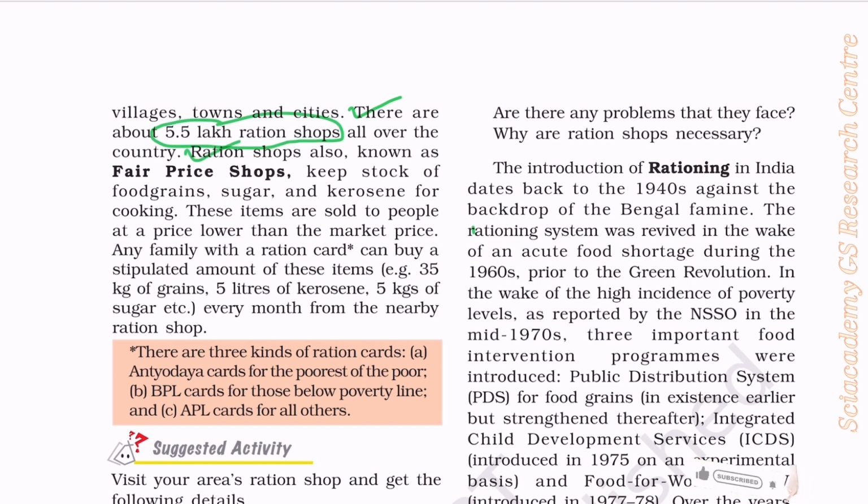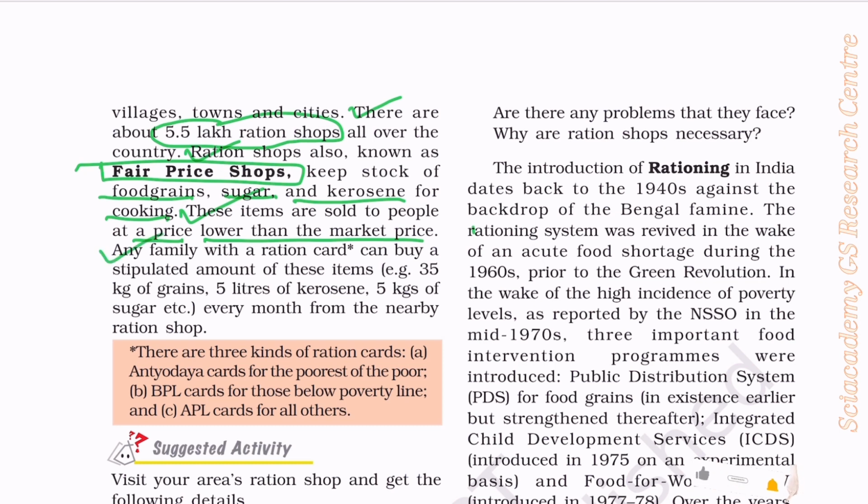Ration shops, also known as fair price shops, keep stock of food grains, sugar, and kerosene for cooking. These items are sold to people at a price lower than the market price.